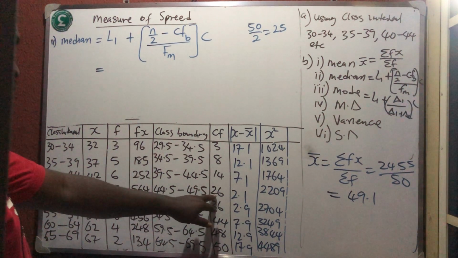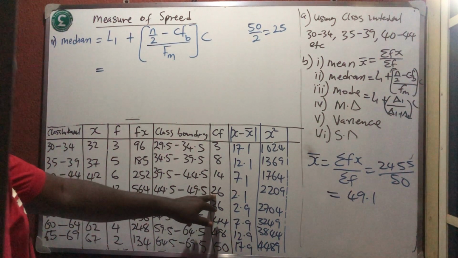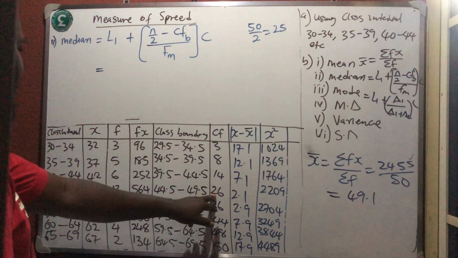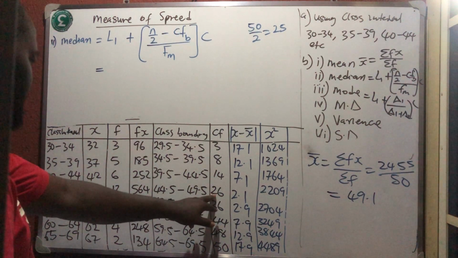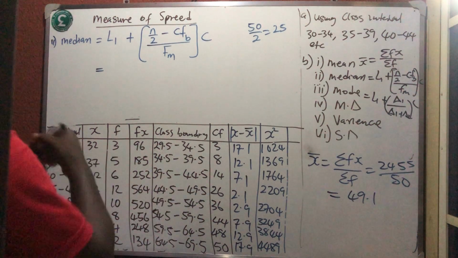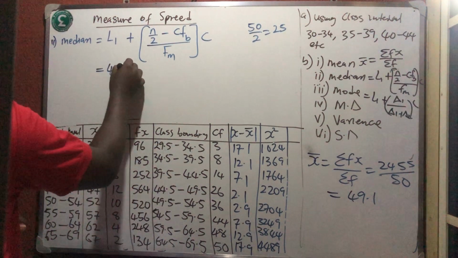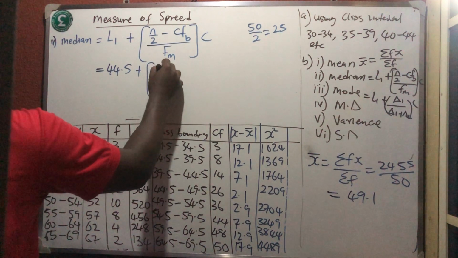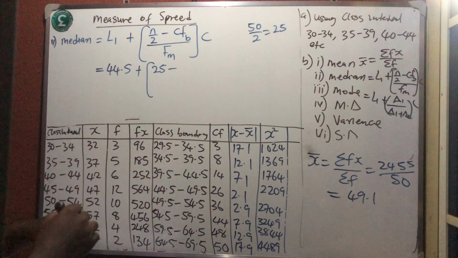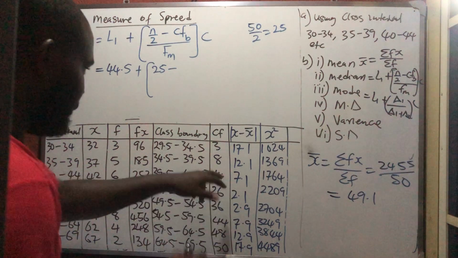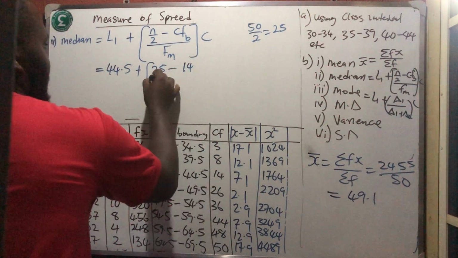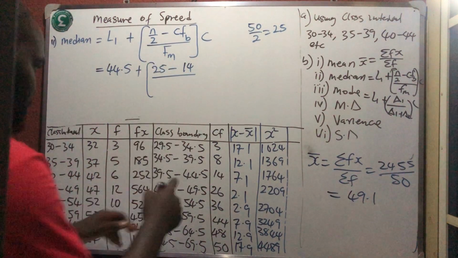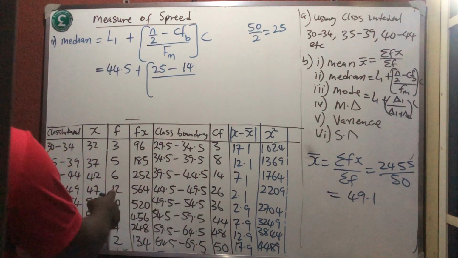So our L1, the lower class boundary of this 26, is 44.5. So I'm having 44.5 plus, 25 minus the cumulative frequency before that 26, which is 14, all over the frequency of that class, which gave us 12.